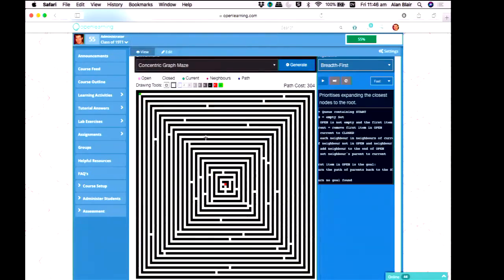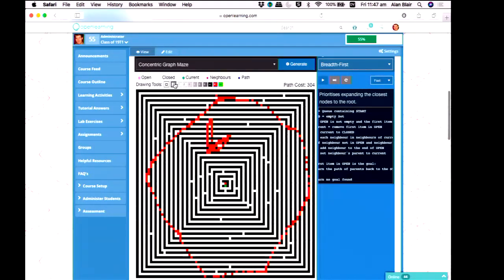You can also, for example, move the start node into the middle, and then I create a lot of goal nodes, and then remove some of these walls. So you can have a bit of fun with this and create your own mazes.